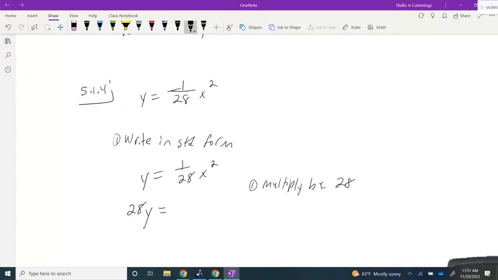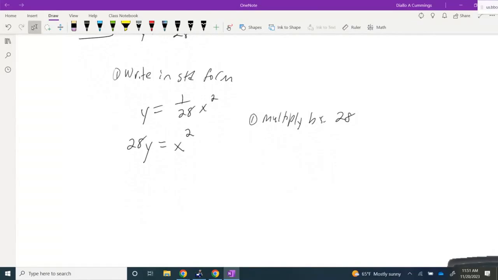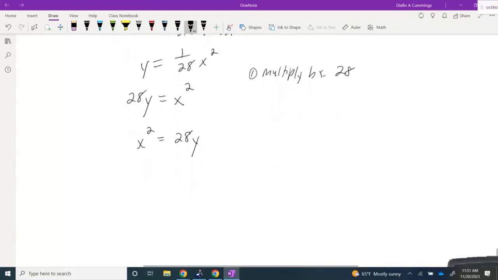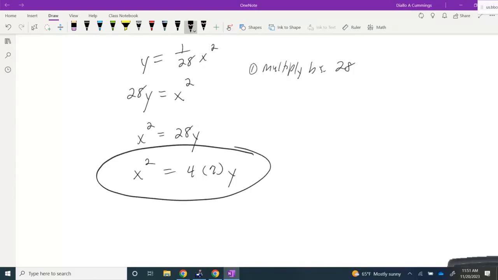I don't want to forget my variable y. Multiply the right-hand side by 28. The 28s cancel. We're left with x squared. Then I'm just going to rewrite it and put that squared variable on the left-hand side. So now to write it in standard form, it should be written out as x squared is equal to 4 times some number times y. So 4 times what is 28? 7. So this would be our standard form.